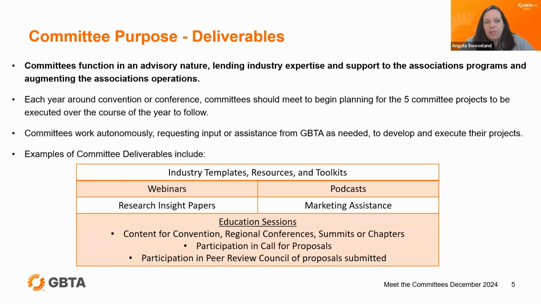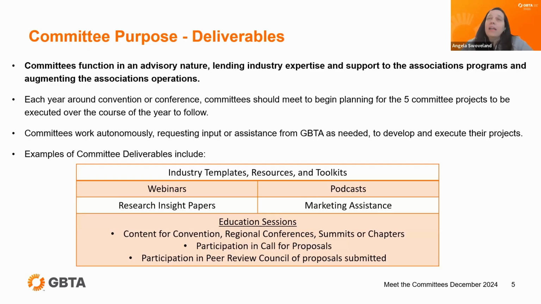So every year at convention, the committees are given 5 deliverables to produce that year at convention or conference, depending on what region we're talking about. Some of those deliverables include those industry templates, like the RFP templates, resources, toolkits like the virtual payments toolkit, webinars, podcasts, research insight papers, marketing assistance like this, doing Meet the Committees.